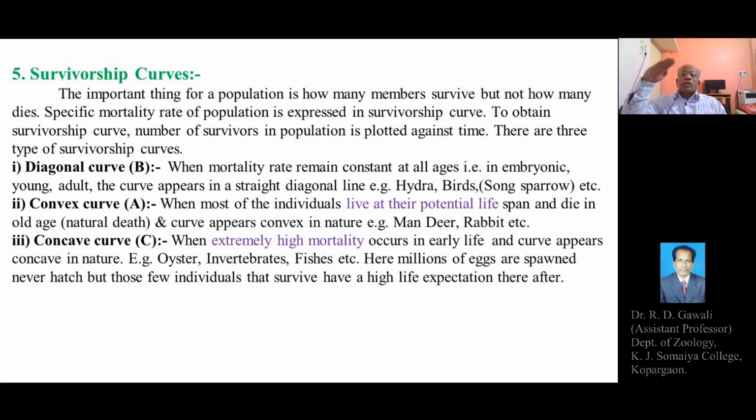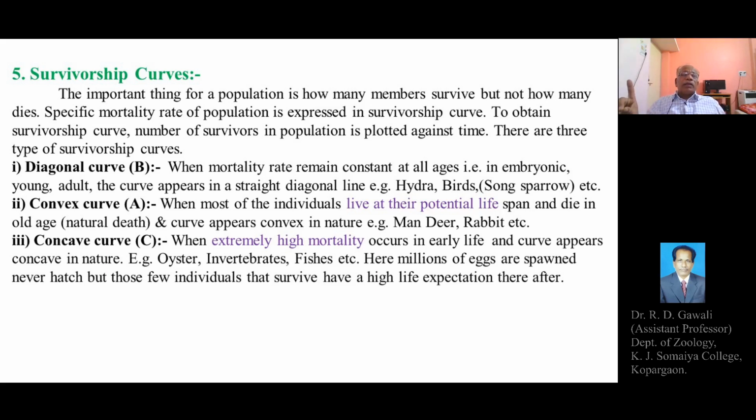Such a curve appears when most of the individuals of the population survive for their potential lifespan and then die in old age, that is, when there is a natural death.